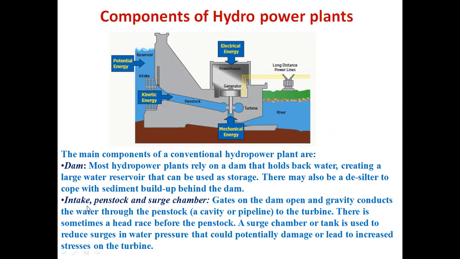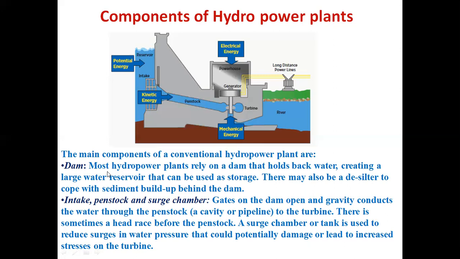This intake and penstock is used to supply water from dam to the turbine rotor blade. Then you can see generator, powerhouse, transmission lines, and river for supplying the used water to the river.